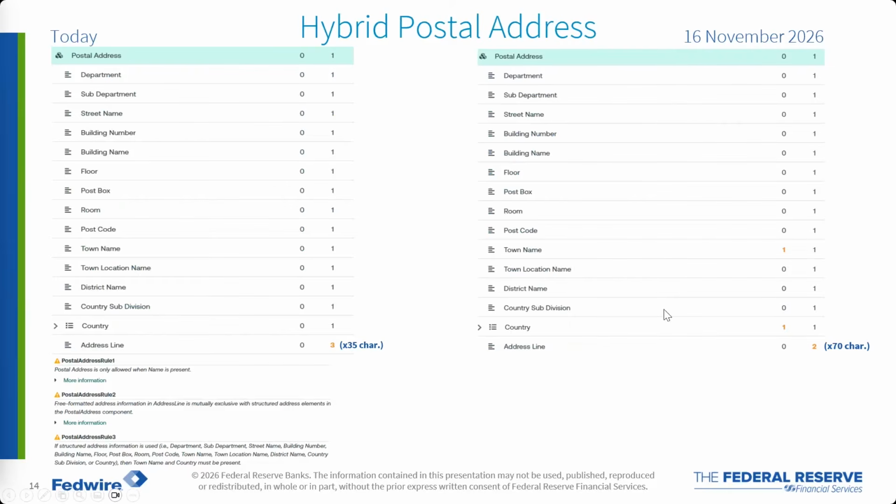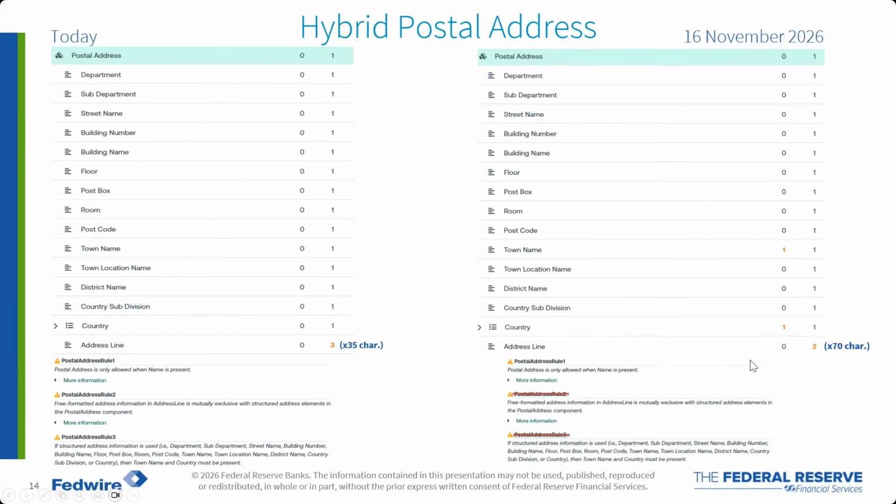Whenever you provide address information, the minimum requirement is always to provide the town name or city and the country code. Then you can use a combination of any of these structured elements, including 2 address lines of up to 70 characters. So that is the hybrid format.